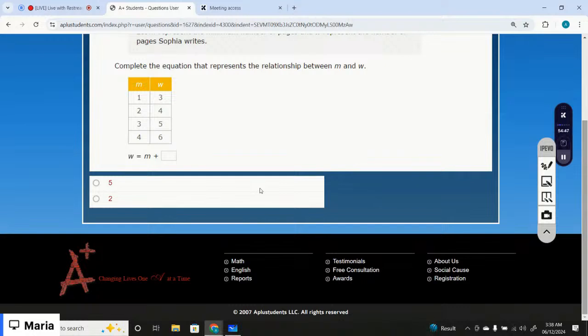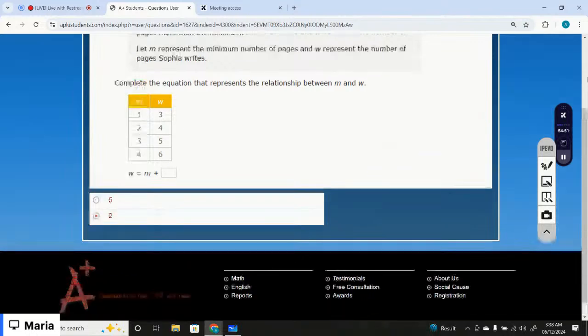The correct option is W equals M plus 2. Option number 2 is the correct option.